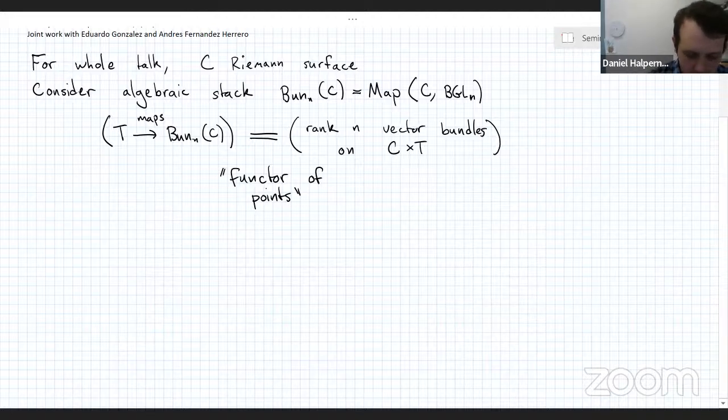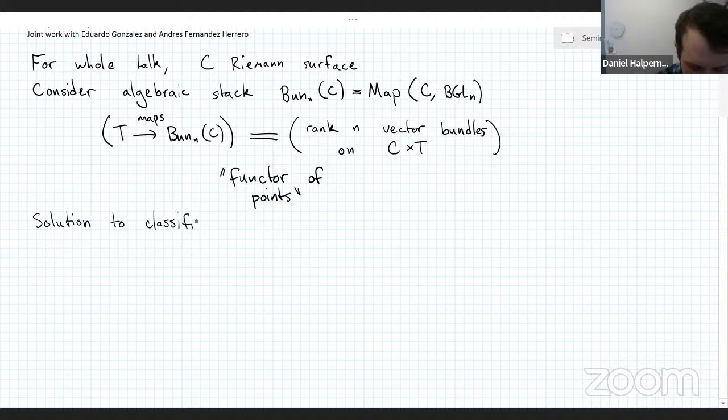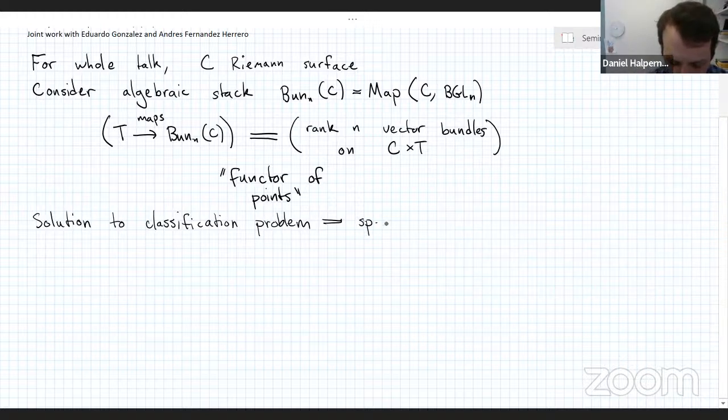But in this classical example, there's much more that's possible. The real solution, I would argue, is not just the algebraic stack. The solution to the classification problem is actually a certain kind of special stratification of this moduli problem.